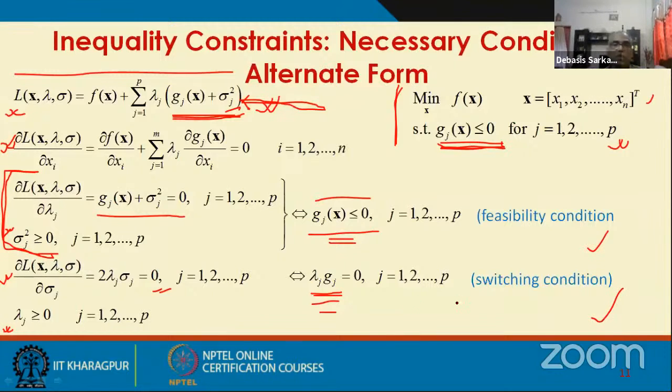So upon introduction of the feasibility condition, which says that g less or equal to 0, and lambda j into gj equal to 0, I do not need the introduction of the slack variable. So basically these two are equivalent. One is an alternate form of the other.